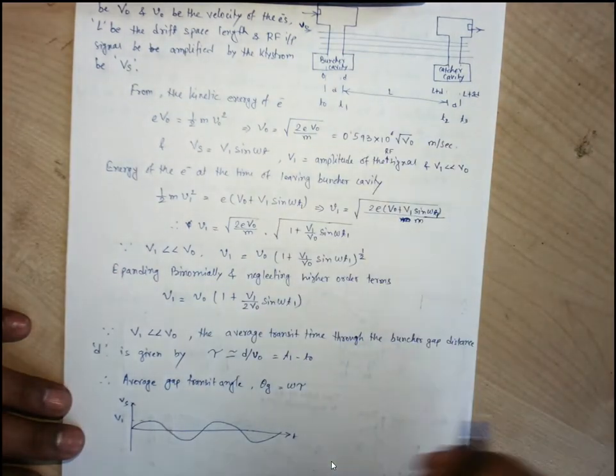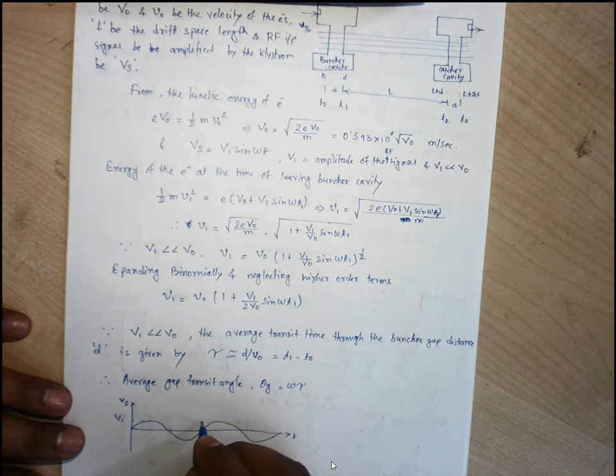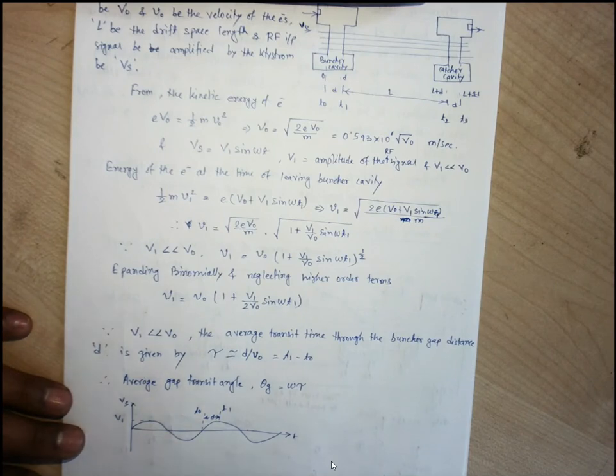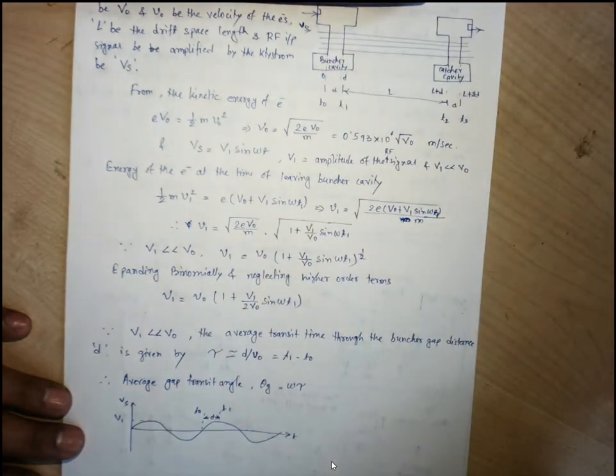This is the time period within which all three kinds of electrons pass through the gap and interact with the RF input.